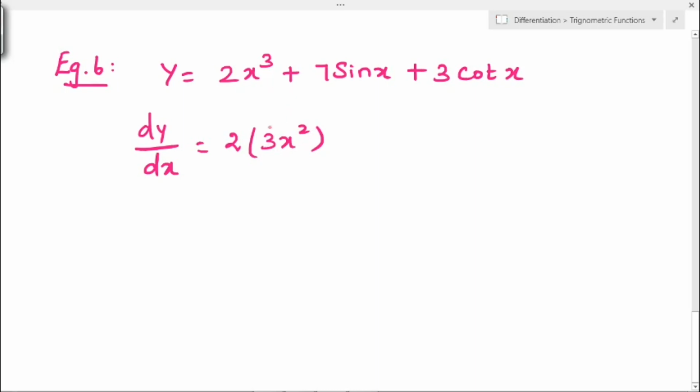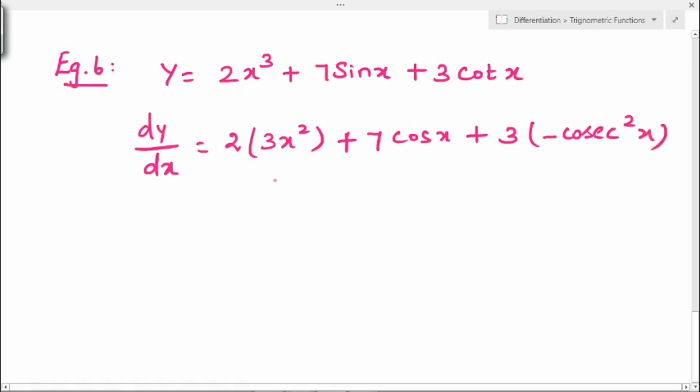So x cube differentiation is 3x square plus 7 is constant, sin x differentiation is cos x plus 3 is constant, cot x differentiation is minus cosecant square x. So this can be written as first term multiply 2 and 3. So if you multiply you will get 6x square plus 7 cos x. Here we have minus 3 into cosecant square x.